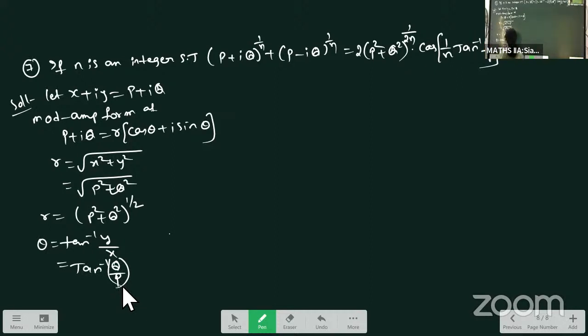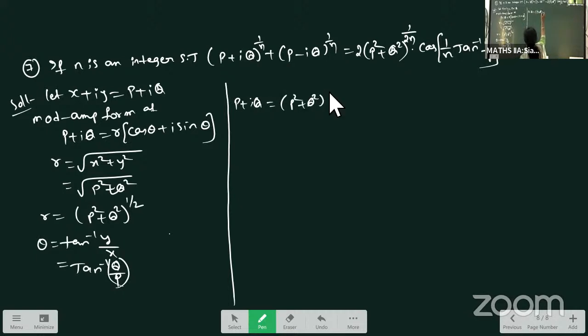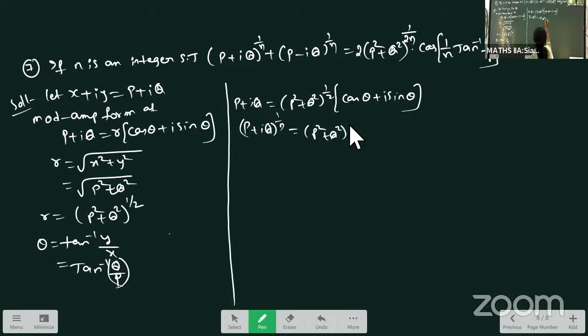Now go to the equation and substitute. So p plus iq is equal to r, which means p square plus q square to the power 1 by 2 into cos theta plus i sin theta. But what we want is p plus iq to the power 1 by n. Apply 1 by n power to both sides. So p square plus q square power 1 by 2, into cos theta plus i sin theta, whole to the power 1 by n.